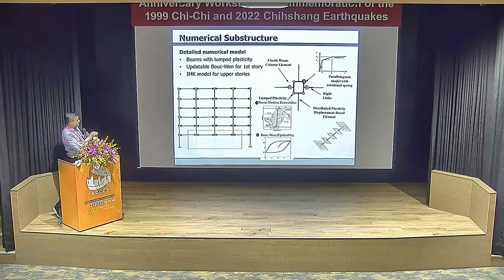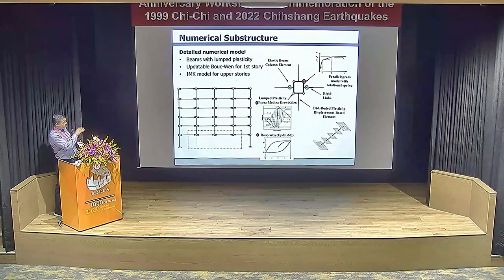I will point out one key item that we did for the updating. If you look at the numerical model, we got the panel zones, the lumped plasticities for the beams and columns. We used the Ibarra-Medina-Krawinkler model for all the upper stories. In the lower stories, we used a Bouc-Wen model, a much simpler model, but this one had updating capabilities.